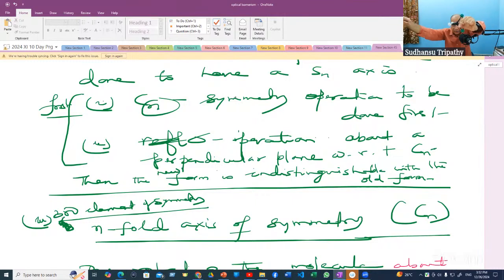Now, the axis will go from left to right. It is lying on the horizontal plane. Now, I will make a 90-degree rotation of the molecule about this axis. Now, see, the green ones were vertical, the white ones are horizontal.